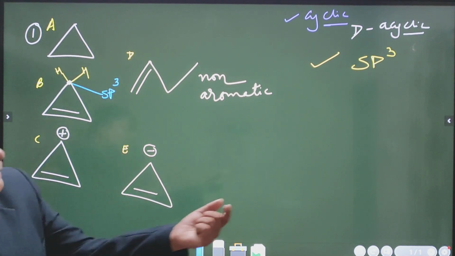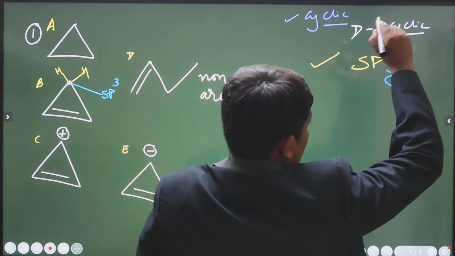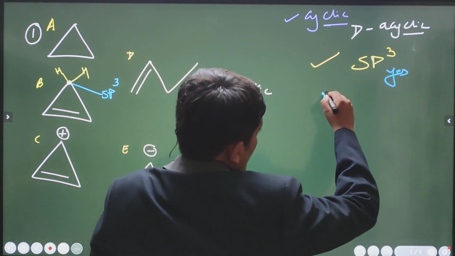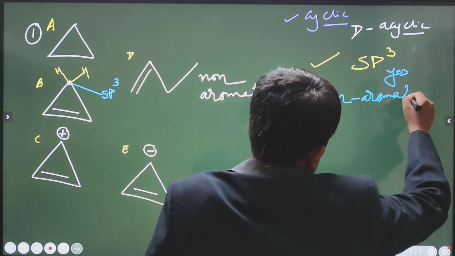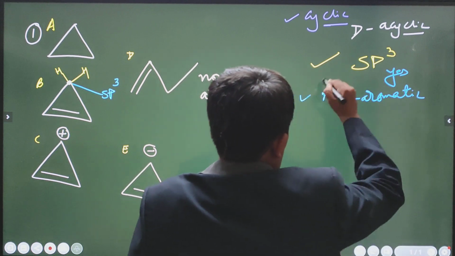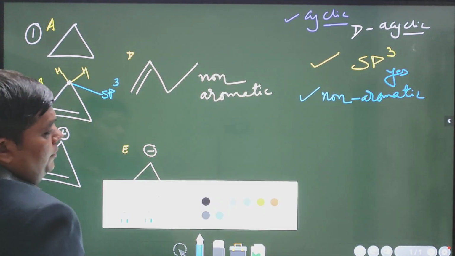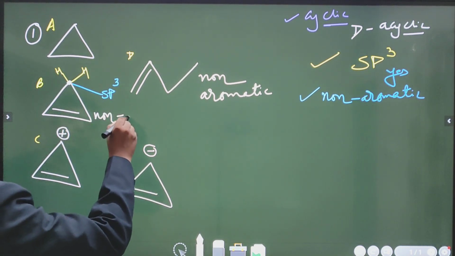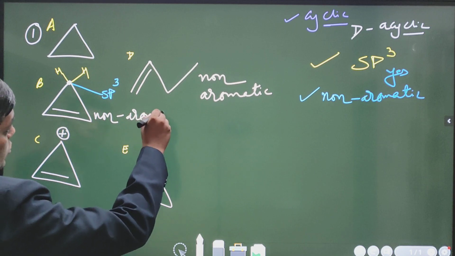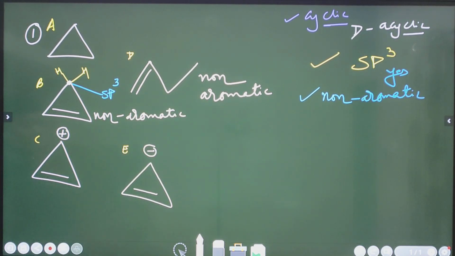So at least a single sp3 carbon, if present and we say yes to it, then no need to think any damn chemistry, it will be non-aromatic by nature. So this particular structure which we are discussing has now become non-aromatic. I hope you are getting it.